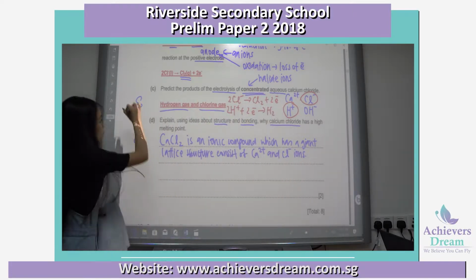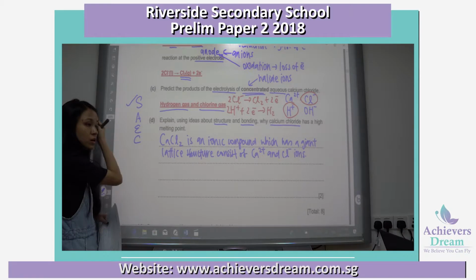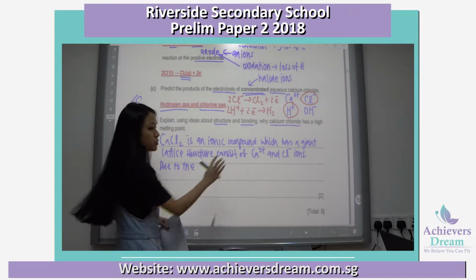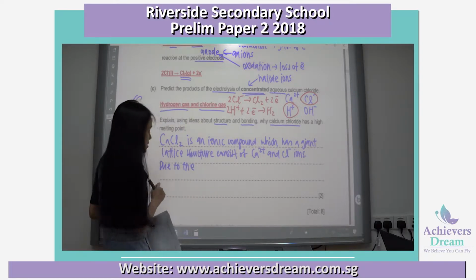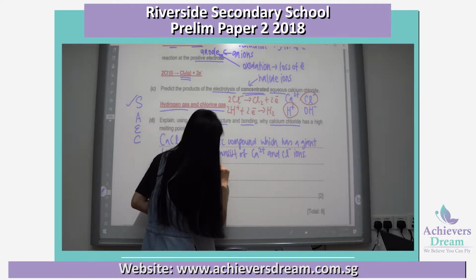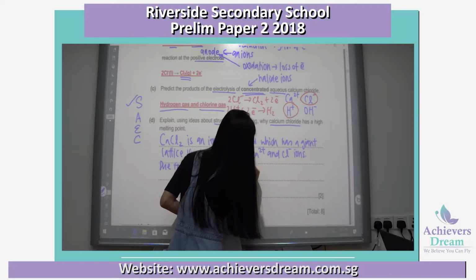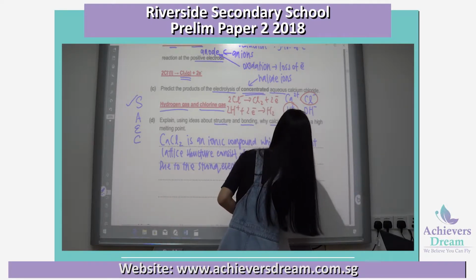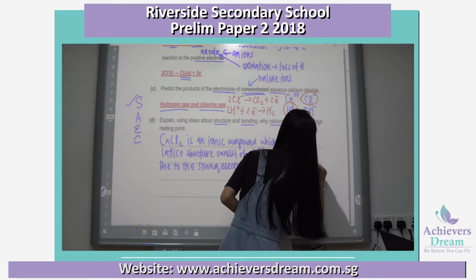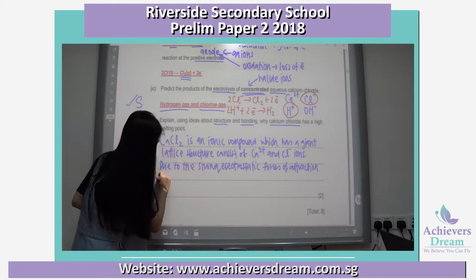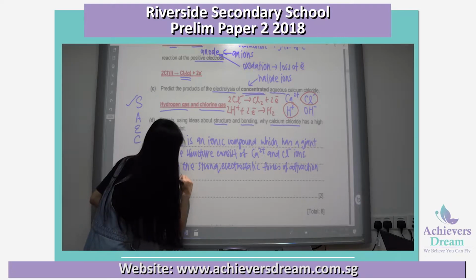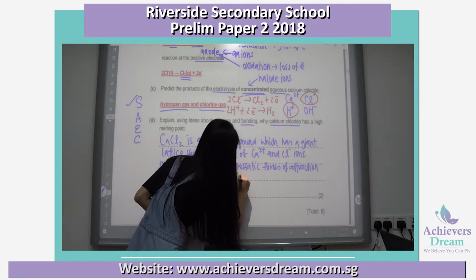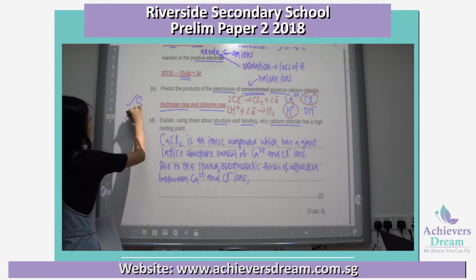So what about the attraction here? What kind of attraction is there between your Ca2+ and Cl-? It is the strong electrostatic forces of attraction between your oppositely charged ions, which are your Ca2+ and Cl- ions. So we talked about the attraction already.